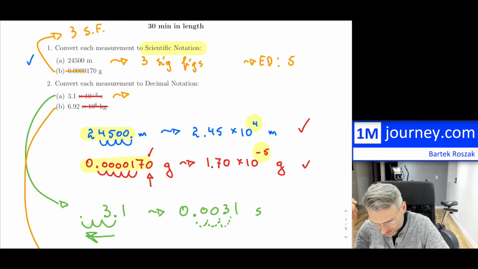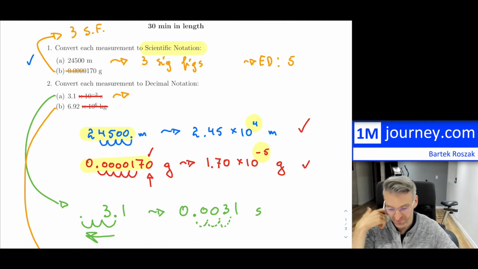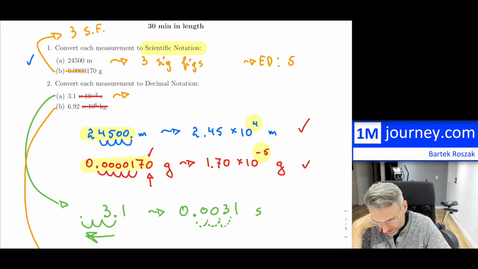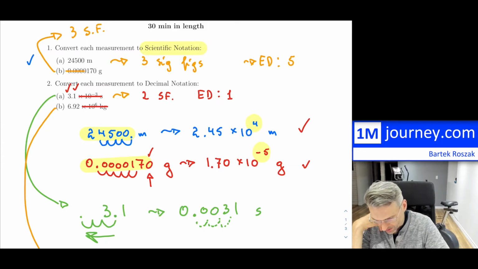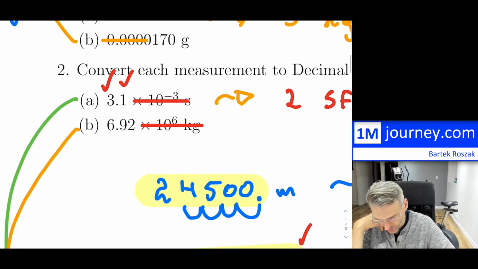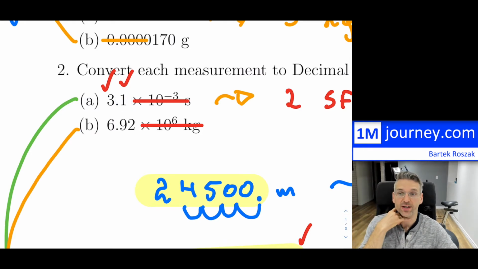So this one, because it already has a decimal in the number, all the digits within here are always going to count. So this is 2 sig figs right there, and then the estimated digit is the last one. So that would have been the 1. All right, so let me blow this up. So that's this thing right there. And that's the estimated digit, right? So that's the guess that we have in the measurement.